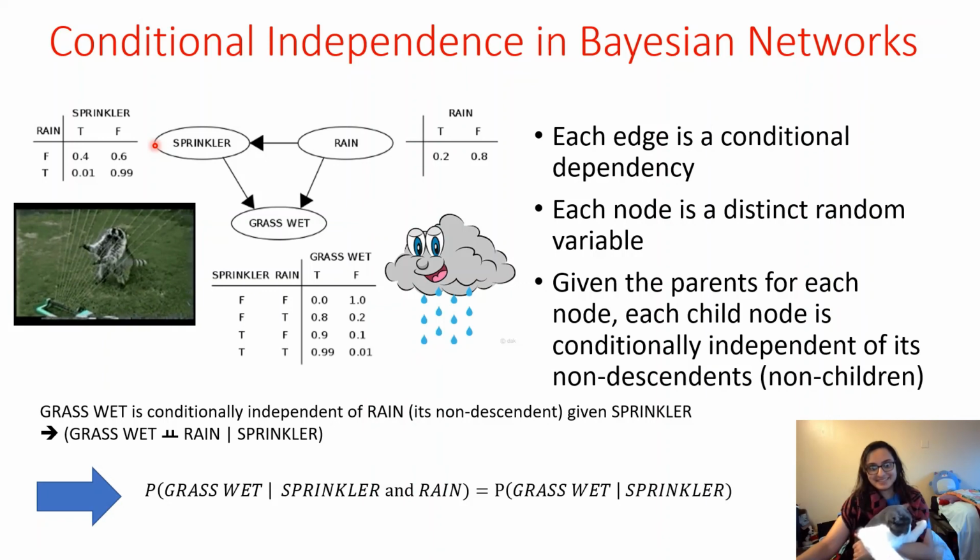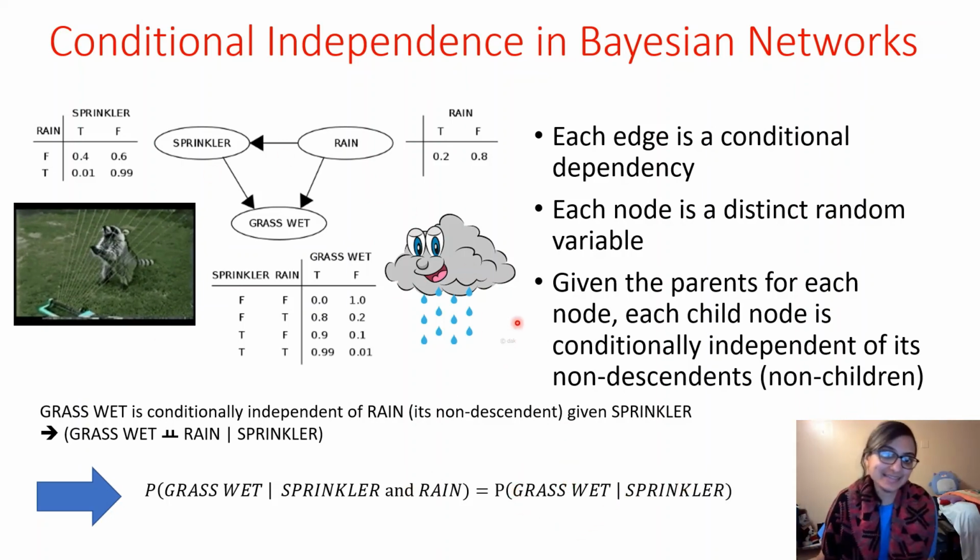That's what it means here. And I will go over this in other videos, though, how to interpret these networks. But that's what we can say. So grass wet is conditionally independent of rain given sprinkler. And just as we had seen here, we can then derive that the probability of grass wet given sprinkler and rain is equal to the probability of grass wet given sprinkler.